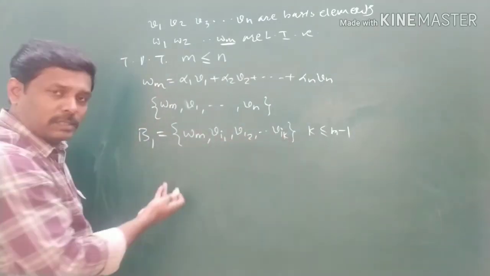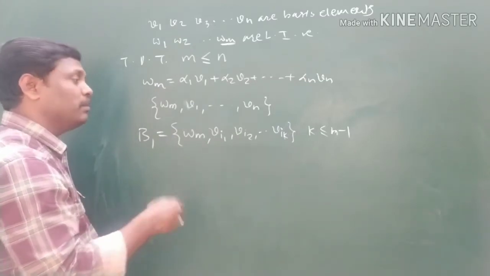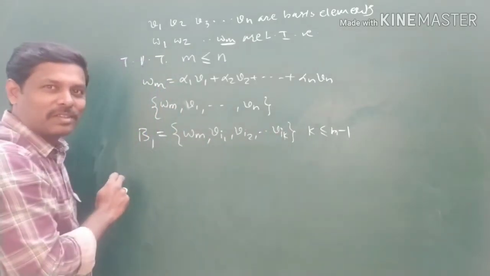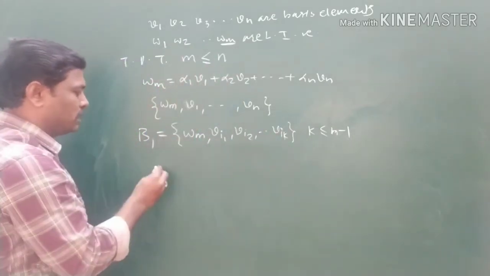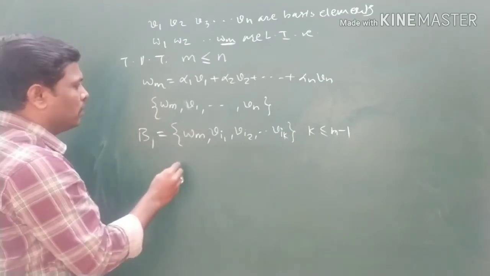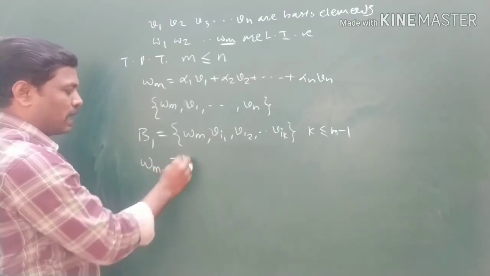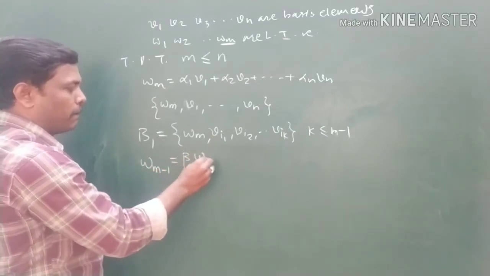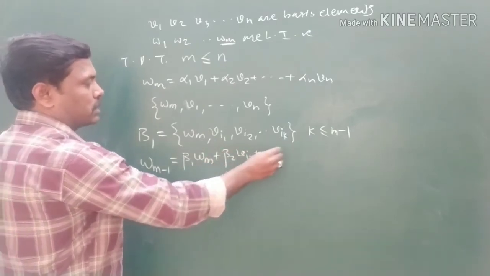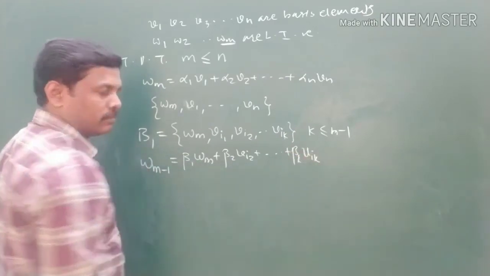Now this is a base, that means any element from the vector space V can be written as a linear combination of these elements, right? So I am considering one element from V, that is W_{m-1}. Now it can be written as beta 1 W_m plus beta 2 V_i2 plus up to beta k V_ik.